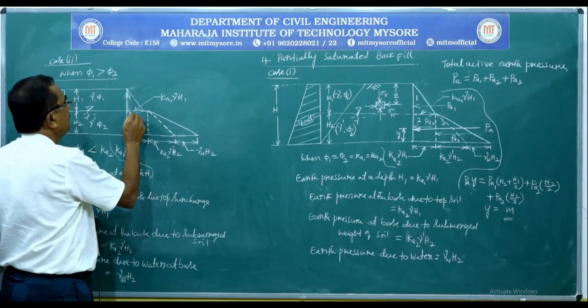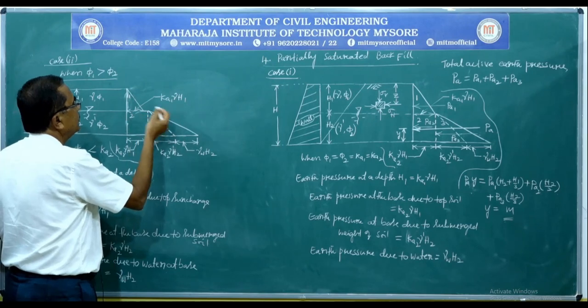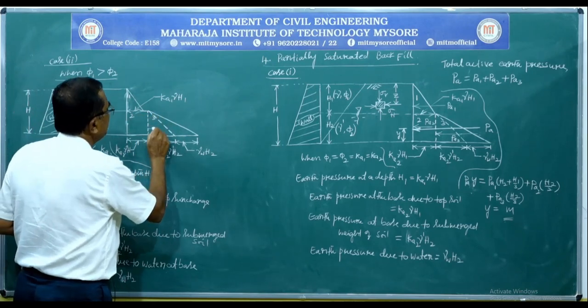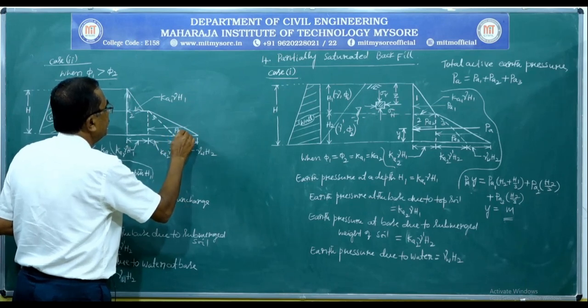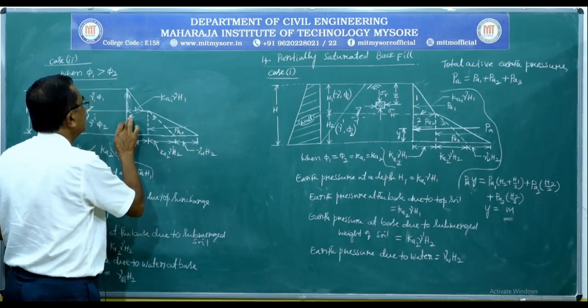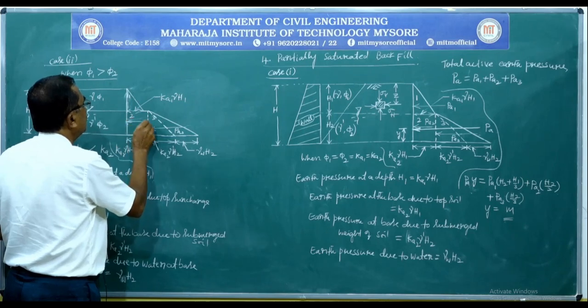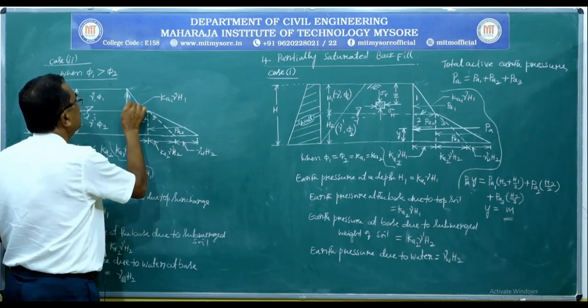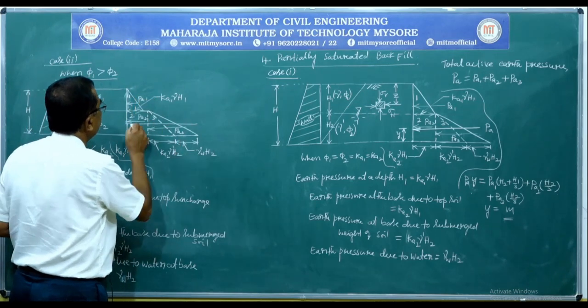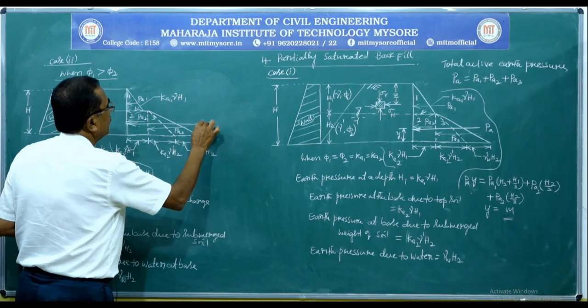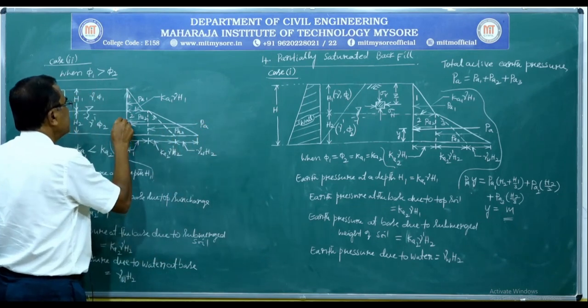We can convert this pressure distribution diagram into regular geometrical shapes, say PA3, PA2 and PA1, and PA acts at a height of y from the base.